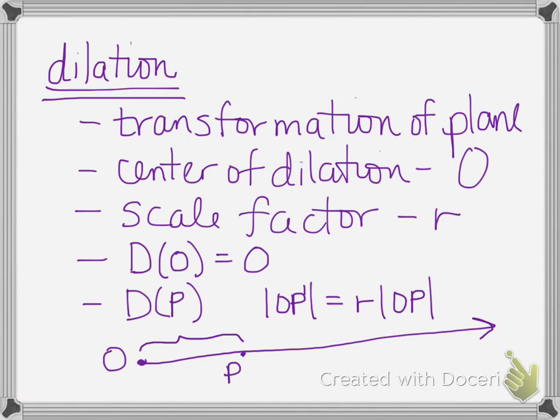And if I want to magnify that, say I want to double that distance, I would have a point out here called P prime, and if my scale factor is 2, the distance from O to P prime is going to be twice the distance from O to P. So O to P is a certain distance, and O to P prime is going to be multiplied by something.